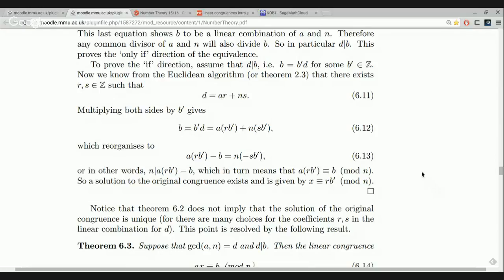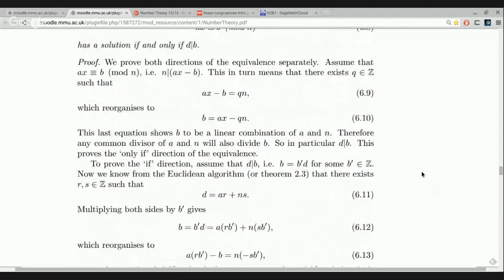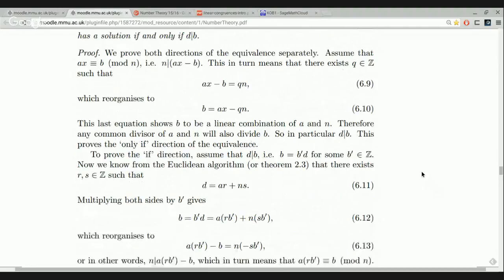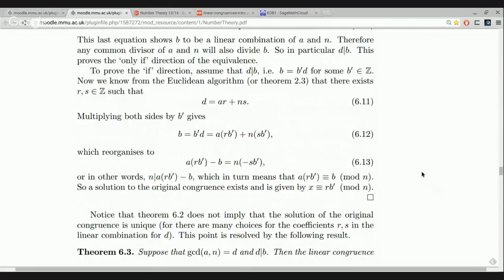But any questions or queries about this one so far? Okay, what I'd like to do then is just look at the statement of the next result. I'll postpone the proof of it. I'll leave you to read through the proof of it yourselves. It's slightly longer than the ones we just looked at, but it's no more difficult.